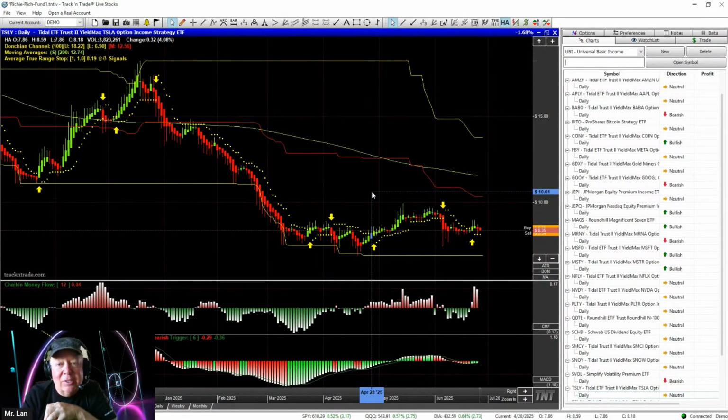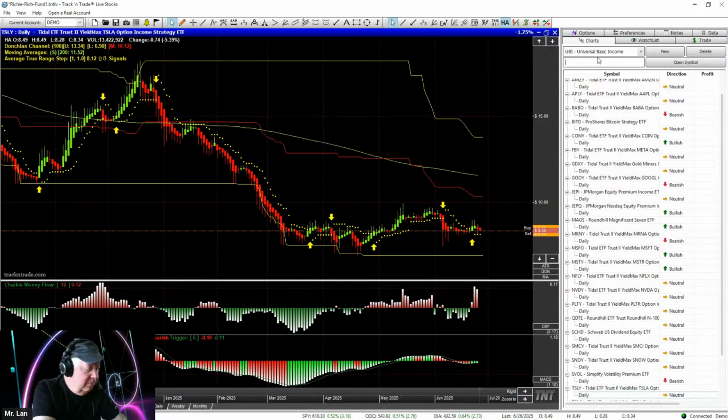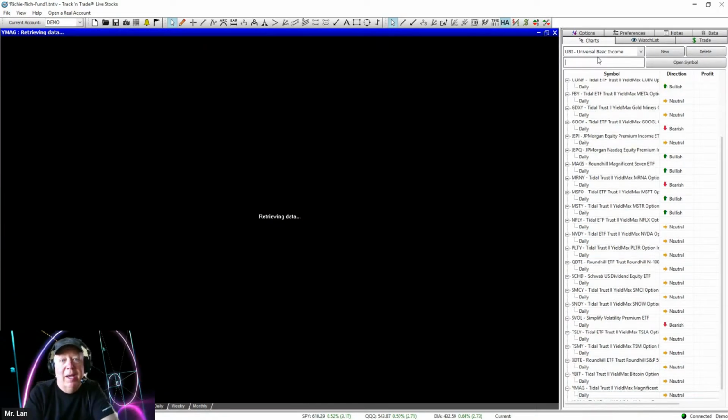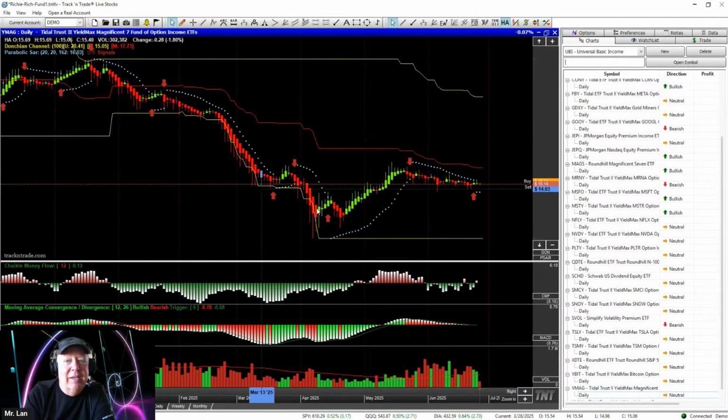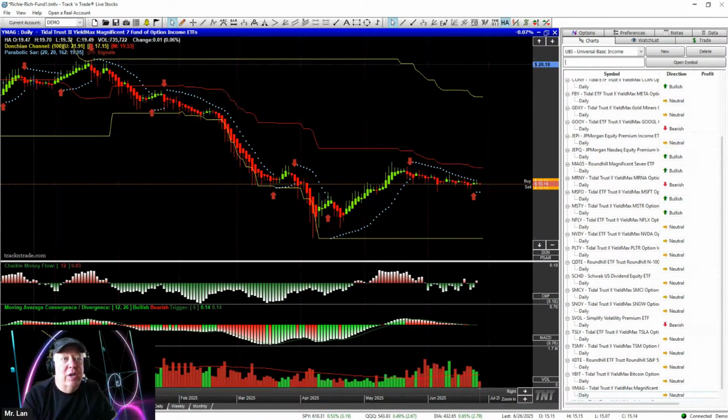They have a MAGs, which they do the high growth on. So we're going to go in and I'm going to show you, it's called YMAG. So we pull up YMAG, and you can see this is the Magnificent Seven, and this is where they're trading this with the bull call spread synthetic position. All right, bull call spread with a naked leg. And you can trade the YMAG.